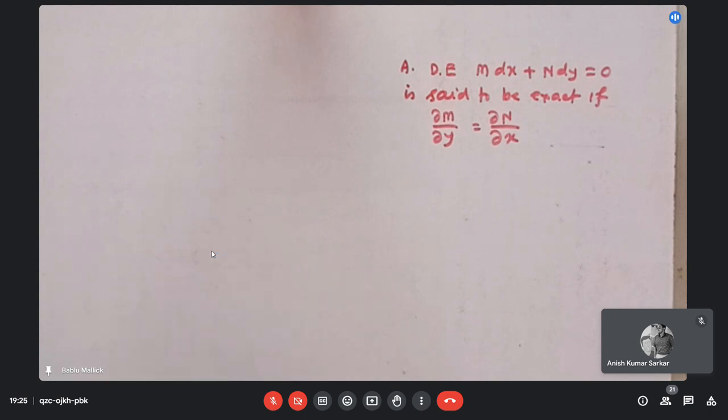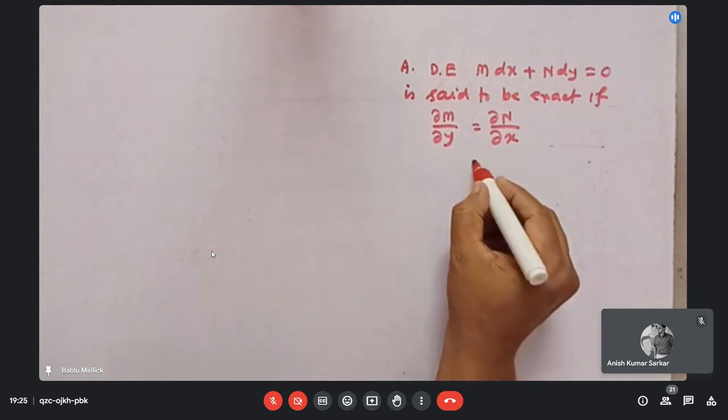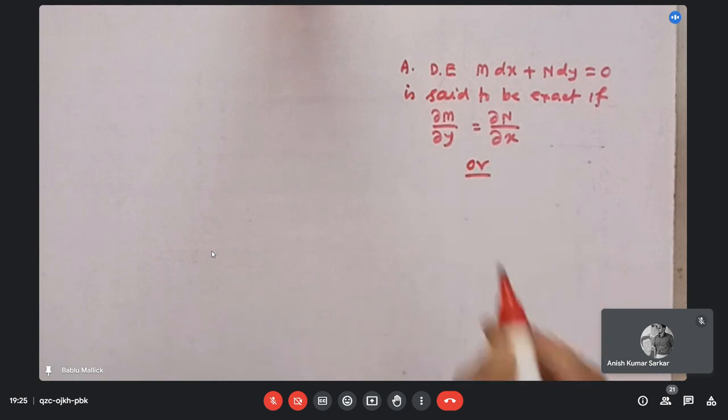Now, if a differential equation is exact, then how can I solve it? Write another definition.